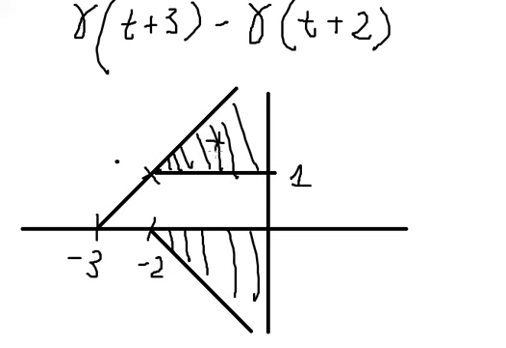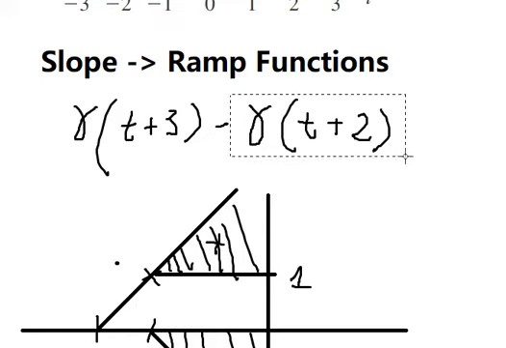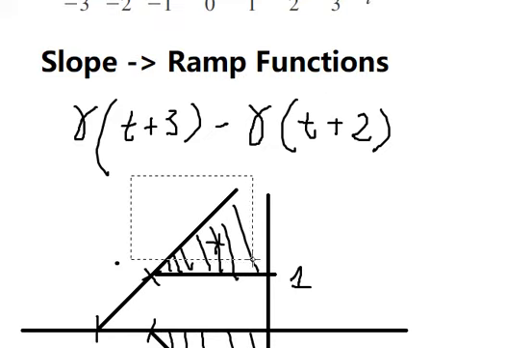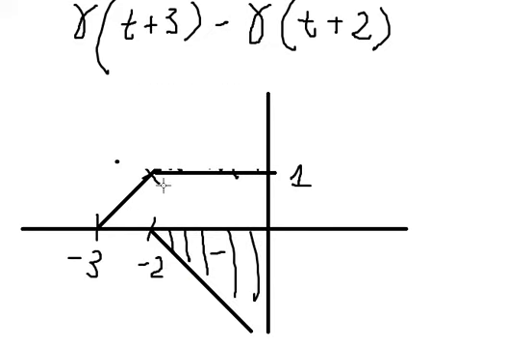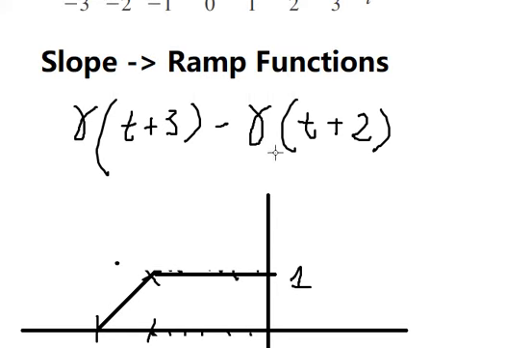So this one is positive, this one is negative. We want to cancel this area, so we need to subtract this ramp function. So if we delete this one, you get this one like this. And that's why we need to subtract this one.